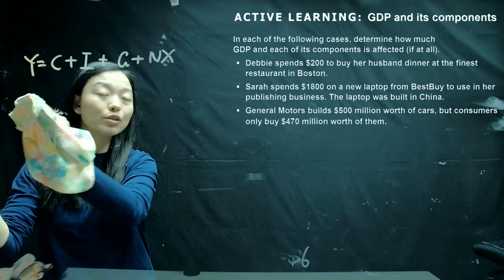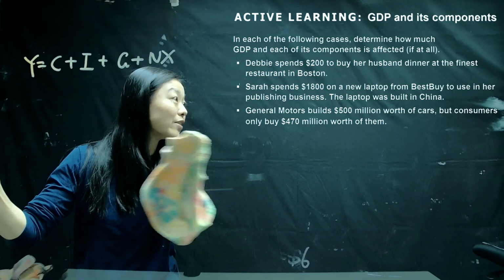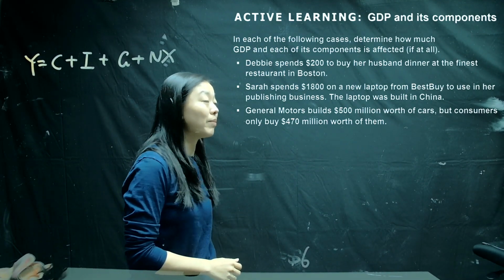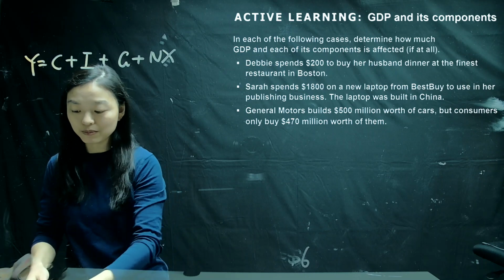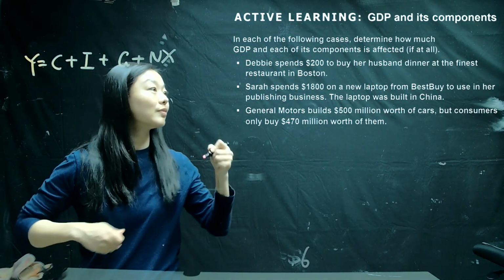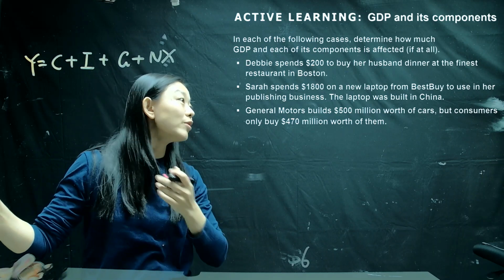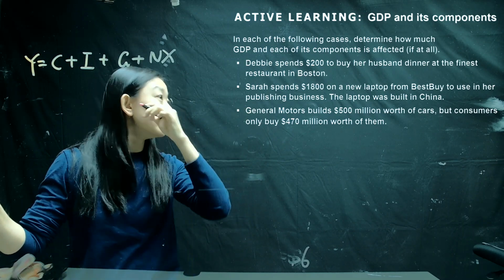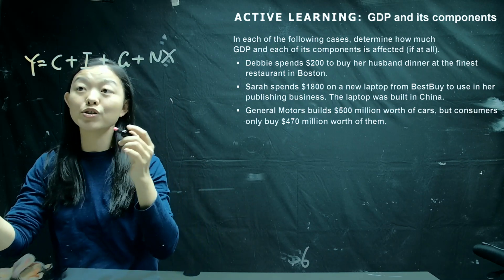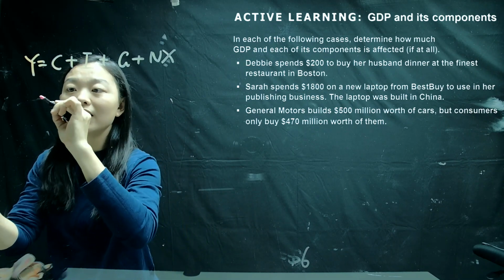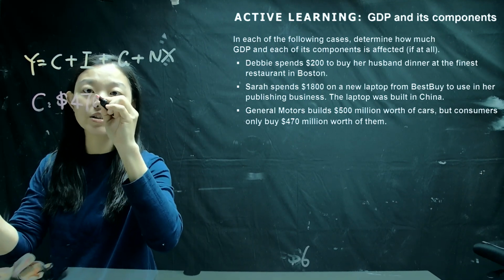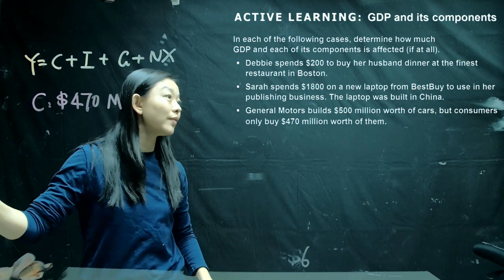General Motors built $500 million worth of cars, but consumers only buy $470 million of cars. So for this question, how can you solve it? GM builds $500 million of cars. Consumption only consumes $470 million, right?